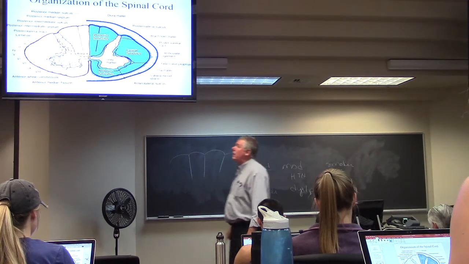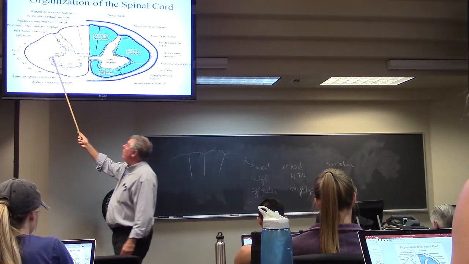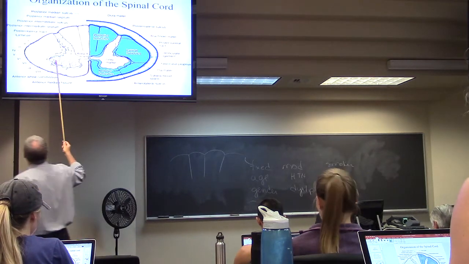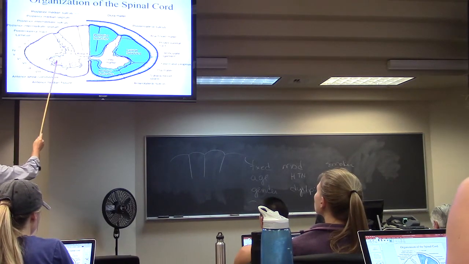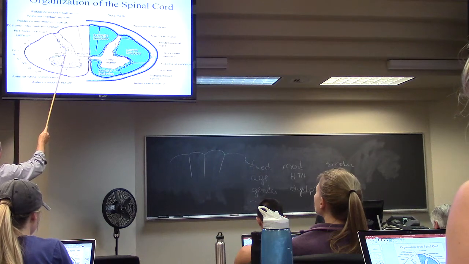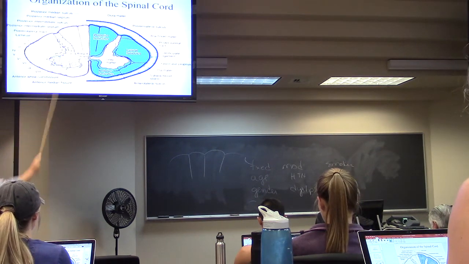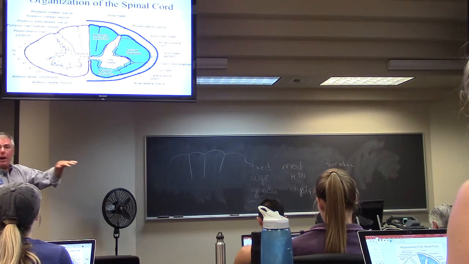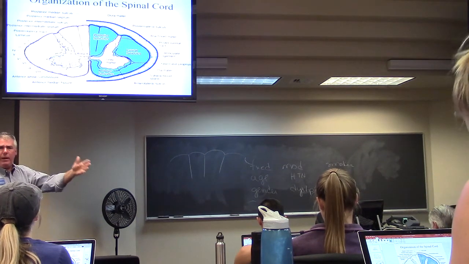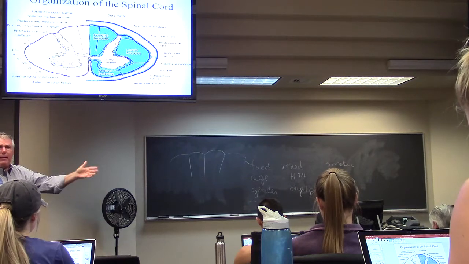Lamina 7 is out here. There it is right there. That's the lateral horn. That contains the preganglionics. Remember the preganglionics, the intermediate lateral cell column? That's lamina 7.